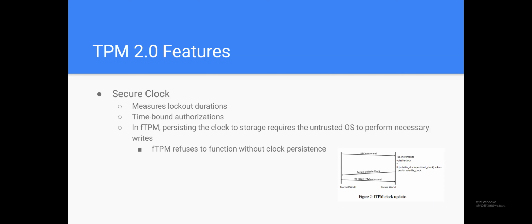It also measures lockout durations, so that's when the TPM refuses service, and this is in order to prevent a dictionary attack or brute force on the TPM. It needs to make sure that it's able to measure the time so that it can lock it out for that duration of time. And in order to do that, it has to trust the clock. Next slide.